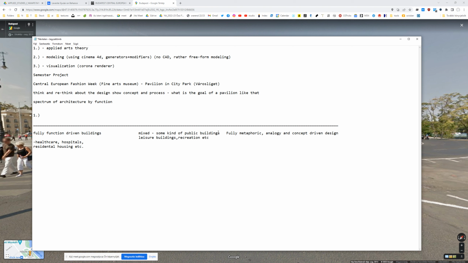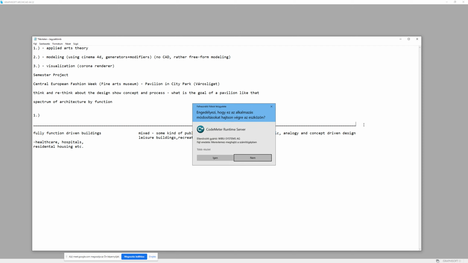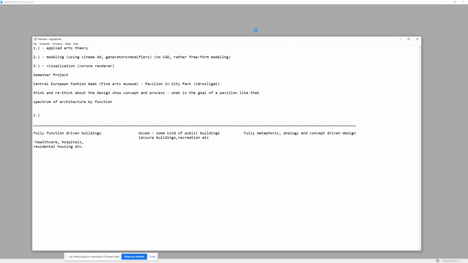Okay. And the end of this imaginary spectrum of architectural thinking, of analogy and concept and maybe metaphor.